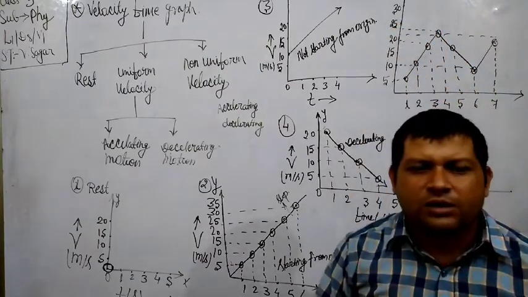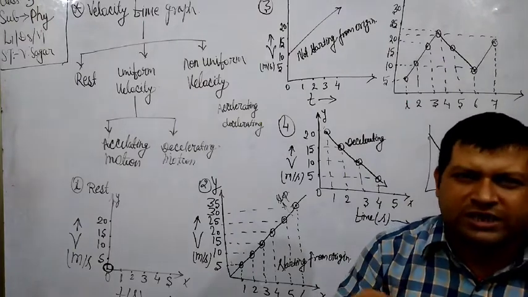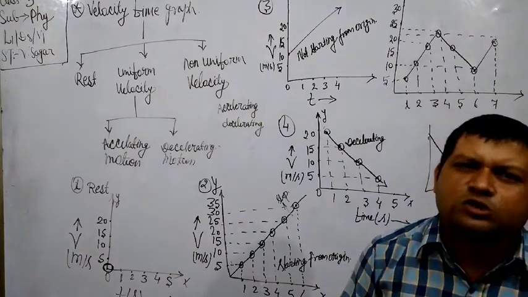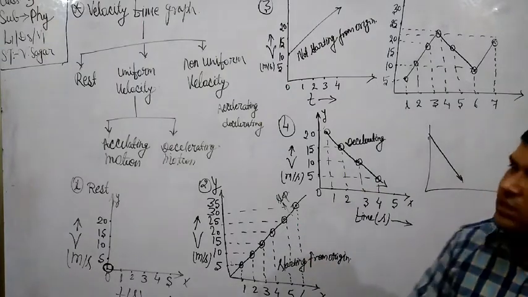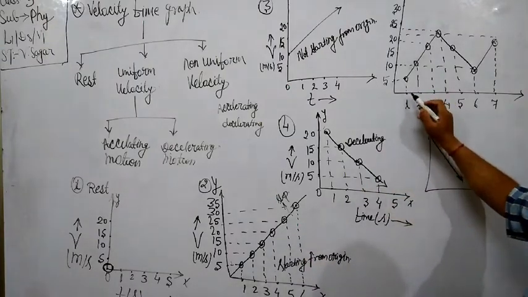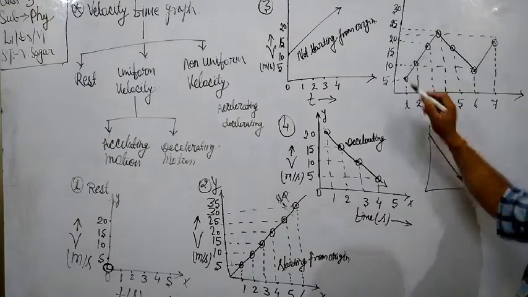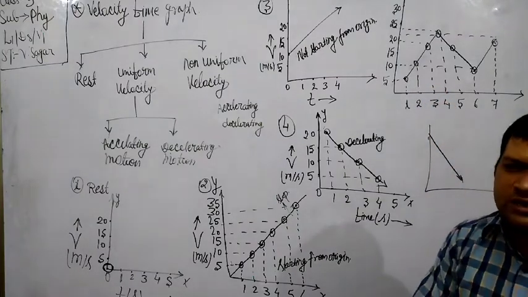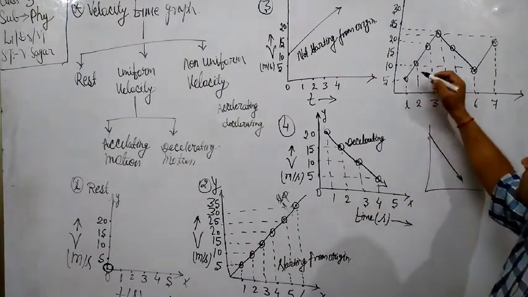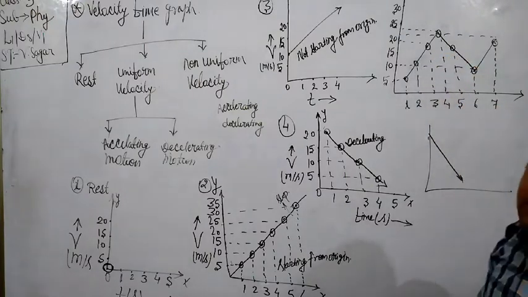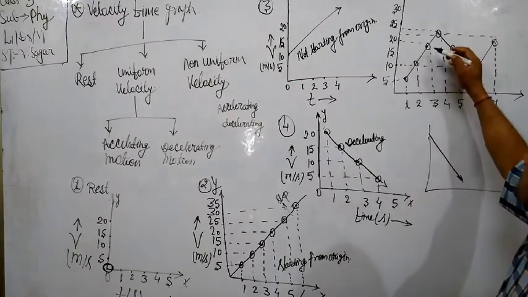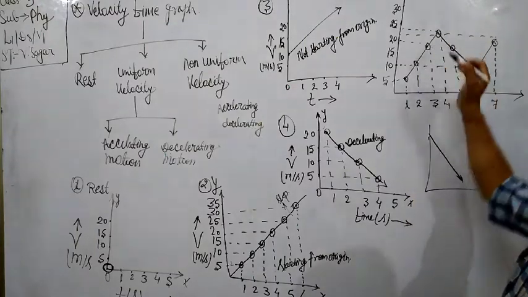Now, the fifth case, where the velocity is changing. It is non-uniform velocity. It may be accelerating or decelerating. Observe that during the first second the velocity of the object is 5 meters per second. In the second second the velocity is 10 meters per second. In the third, 20 meters per second.